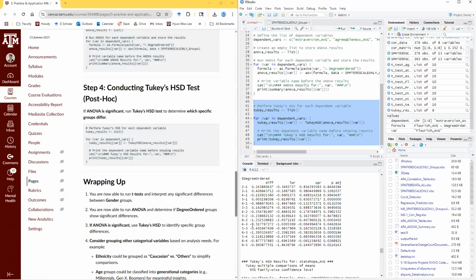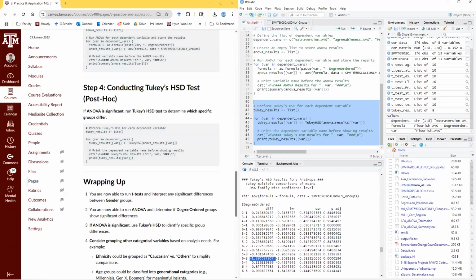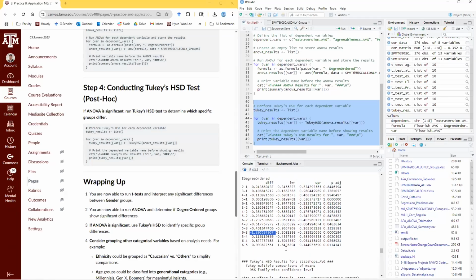And in terms of group differences, it looks like juniors had the highest level of preseason hope. So this could create lots of different types of interpretations, right?